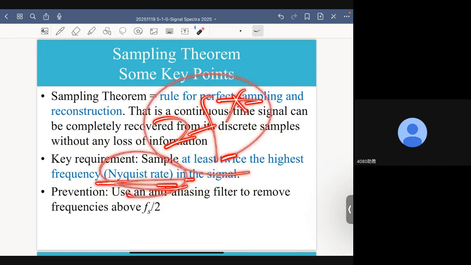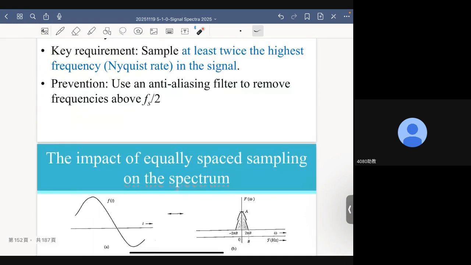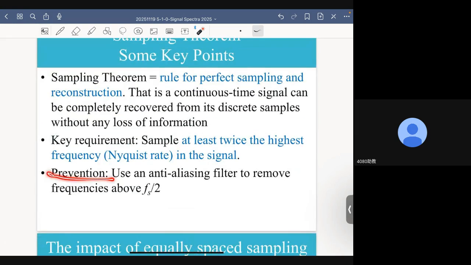That is the minimum requirement for the sampling frequency if I want to have no loss of information during the sampling process.